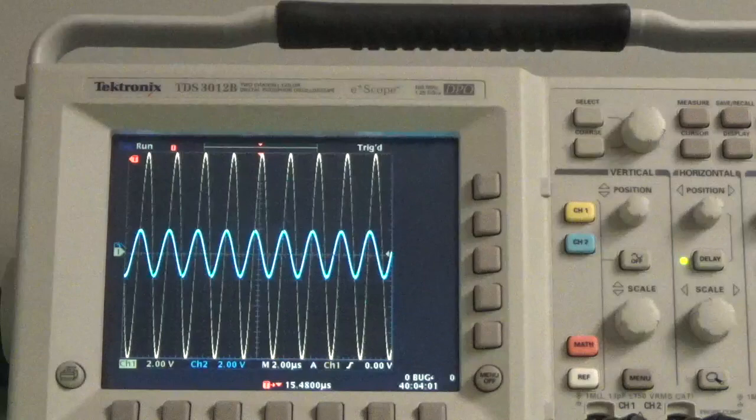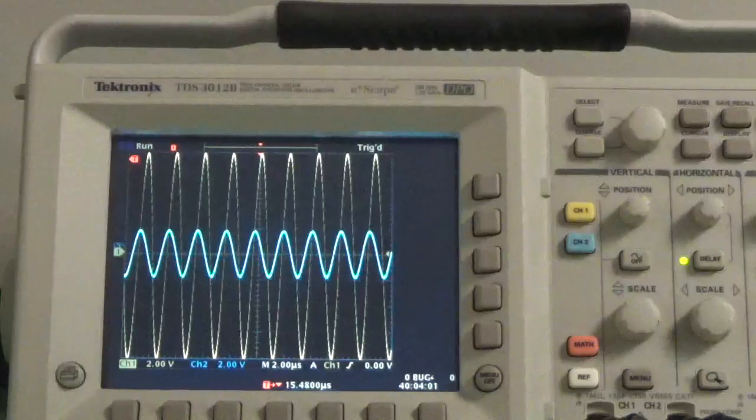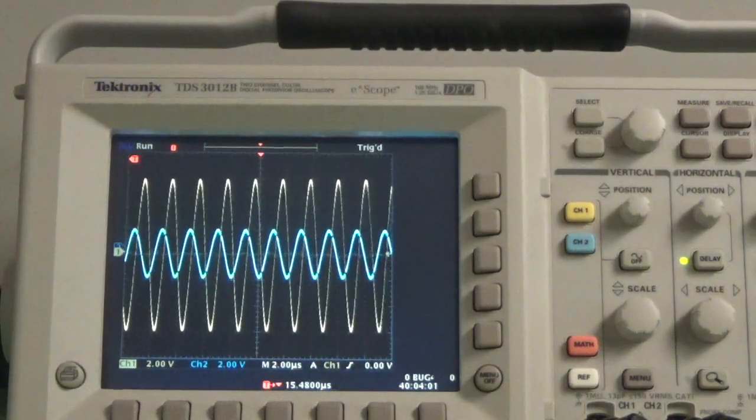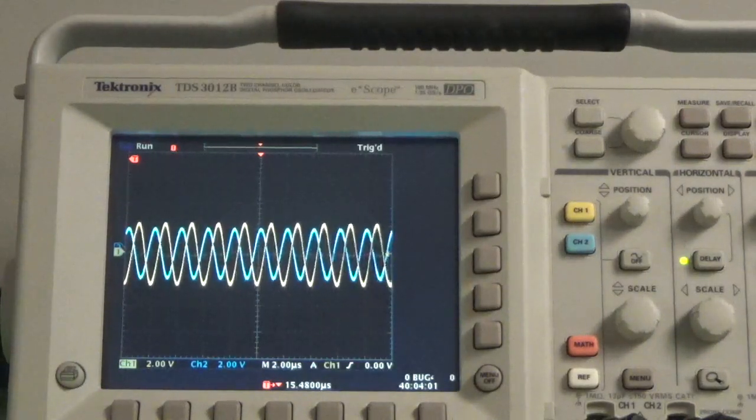So this is the resonance frequency, corresponding to the highest output voltage, peak to peak voltage. So now I will continue to increase.